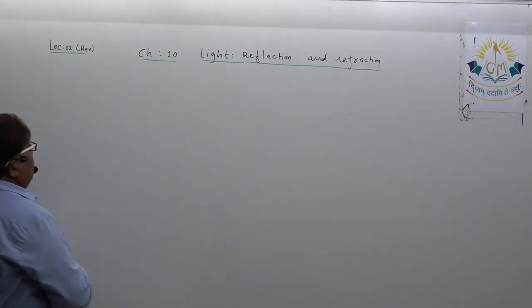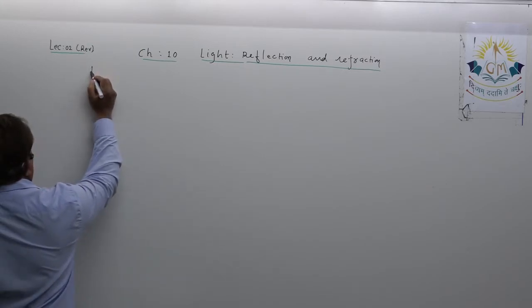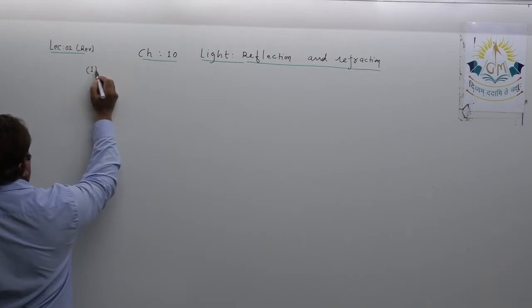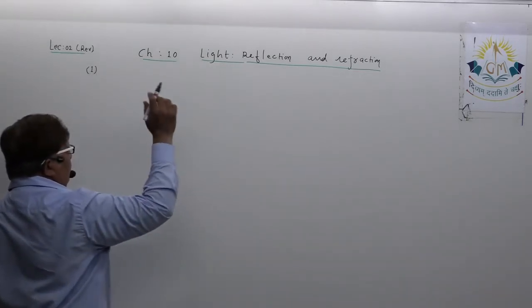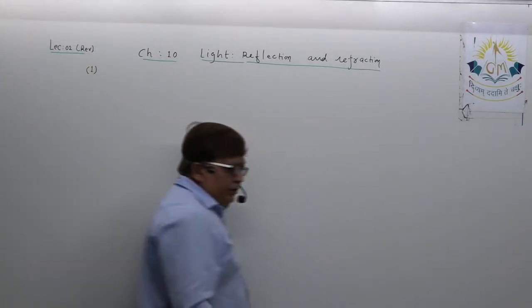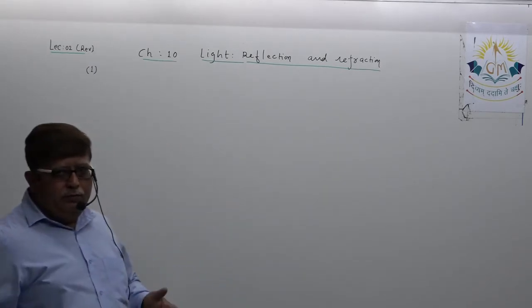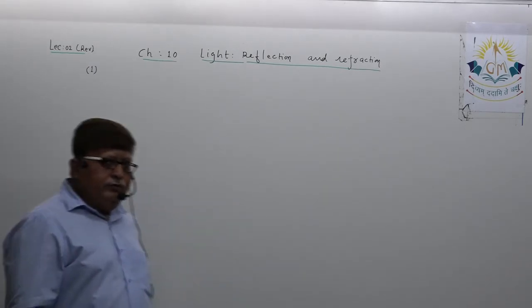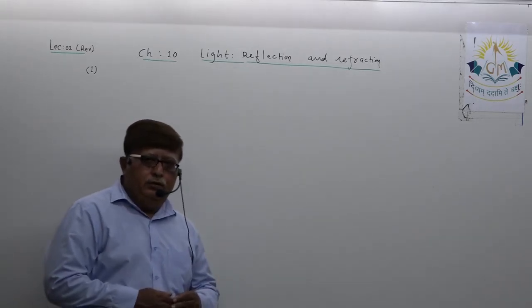So today, example number 1 regarding spherical mirror, from your assignment PDF. Now, what is the sum about?